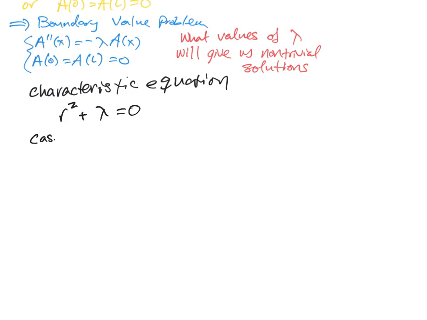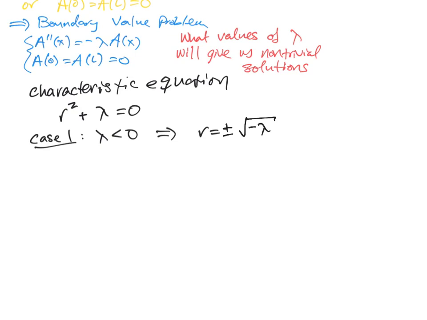So case 1, lambda negative. If lambda is negative, then we get real distinct roots in this case. So we get r equals plus or minus the square root of negative lambda.